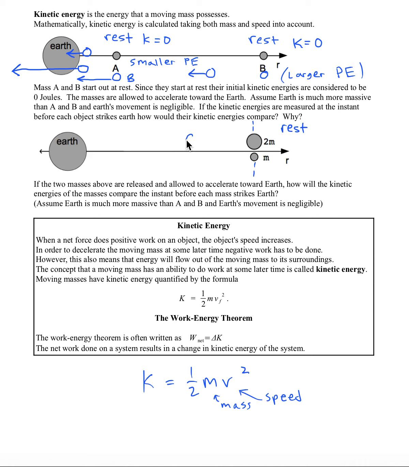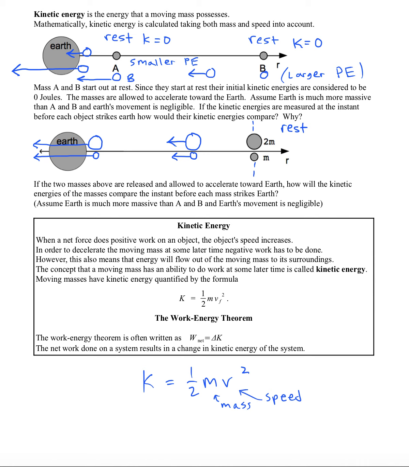We know from our past of dropping heavy objects and light objects together that they will actually travel side by side. And they'll pick up velocity with the same amount. So they'll be traveling the same speed as they move together. So they're going to hit Earth with the same speed.